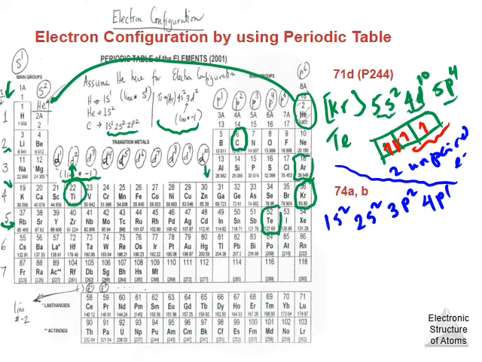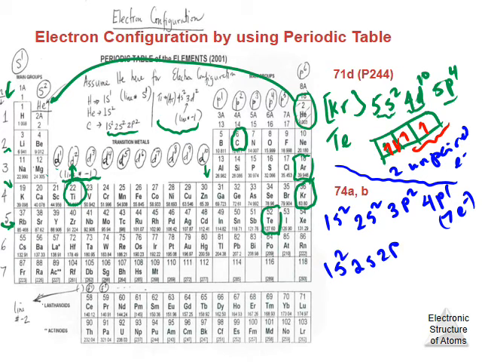Now, the best way to find out the ground state would be to first count the total number of electrons. The total number of electrons in this case would be 7. So let's write down here 7 electrons. Now you place those electrons, and we know that 1s would be coming first, followed by 2s, and then 2p.